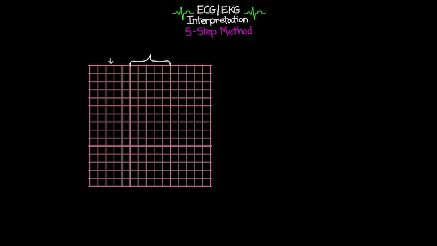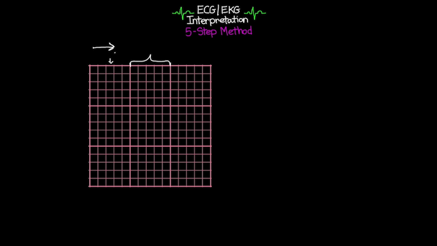And the nice thing is these boxes aren't there just to make things look pretty and to line up. They're actually a unit of measurement. And what they're measuring here is time. And so essentially, if you count the number of boxes going this direction, you can get a measure of time on what you're seeing on your ECG strip.